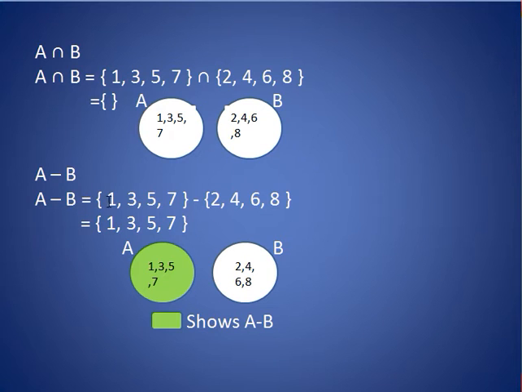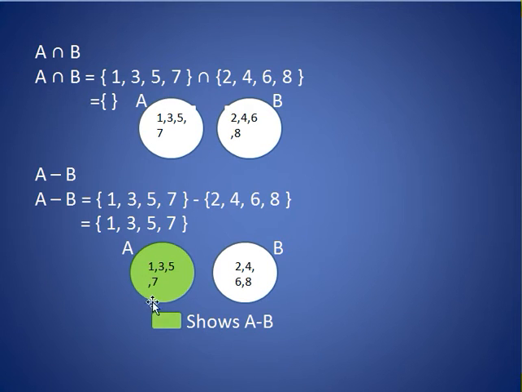Again, all the elements of set A which are not present in set B are the answer. So 1, 3, 5, 7, all these elements are not present in set B, so all these elements are our answer.